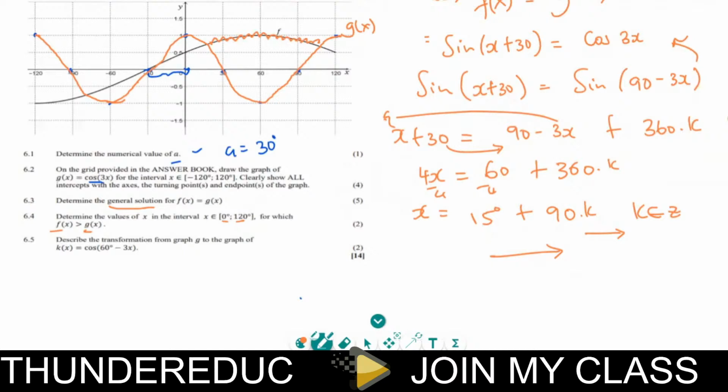So since this was general solution for the two equations, we're saying these equations simply represent the intersection points. This will be our 15. It will be our 15 between 30 and 0. And then this will be a 90 plus 15, which is 105.